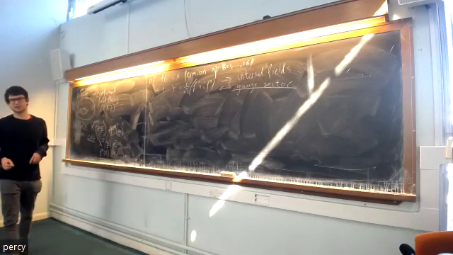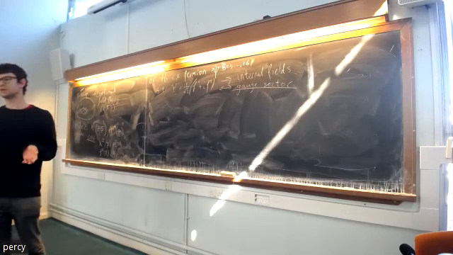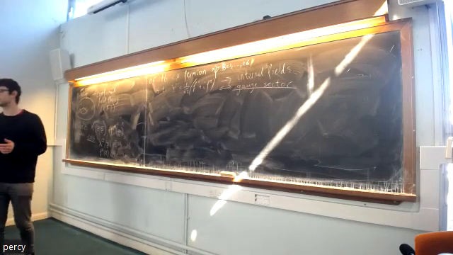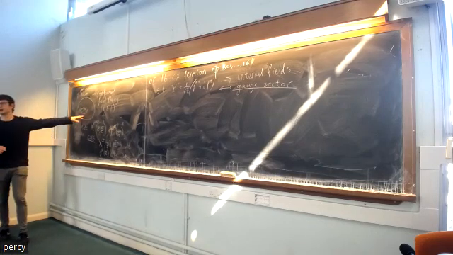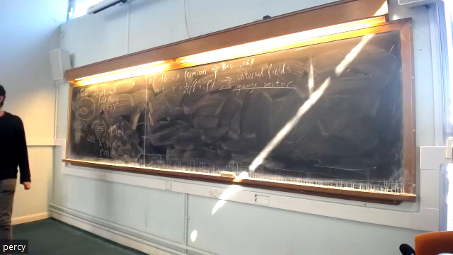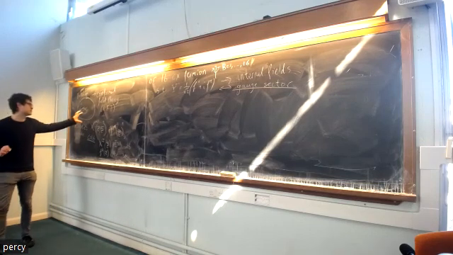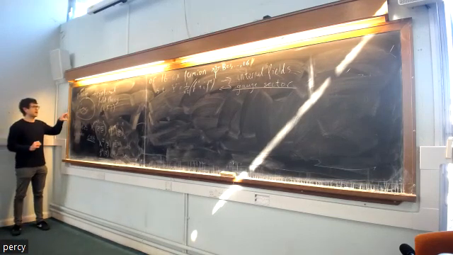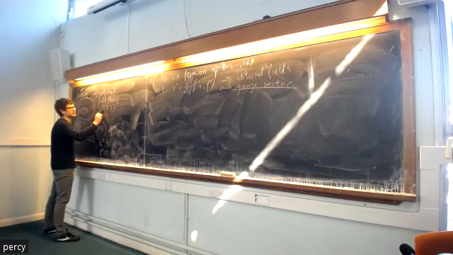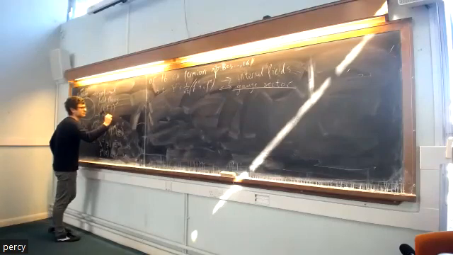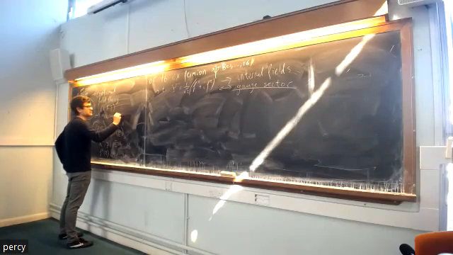Although there's the tree level amplitude, it turns out that's trivial, it doesn't tell you anything interesting. And if you study two loops or higher, you also don't really learn anything interesting. But the one loop amplitude is quite simple, and it's like a vacuum to vacuum amplitude.